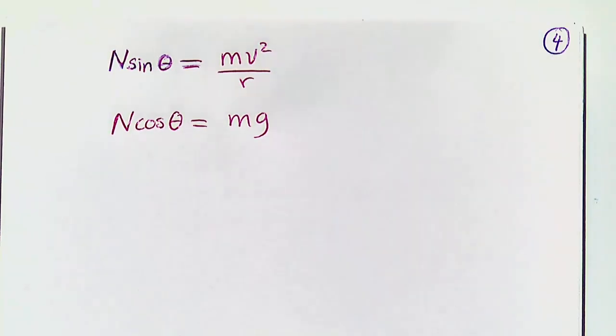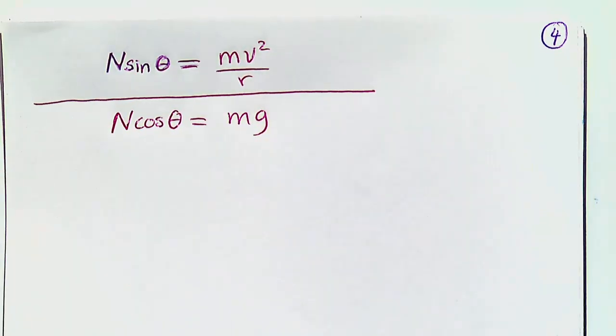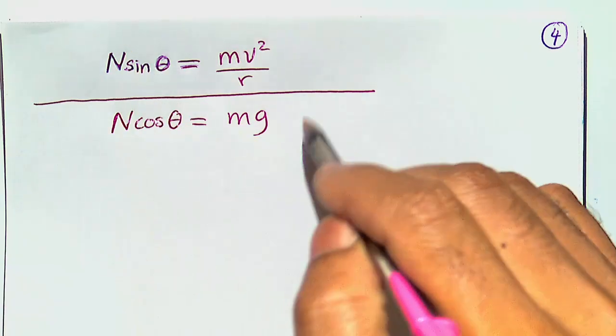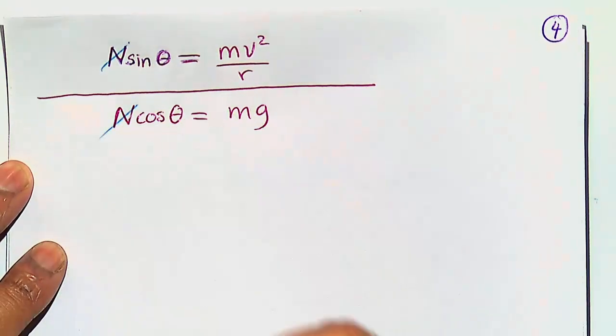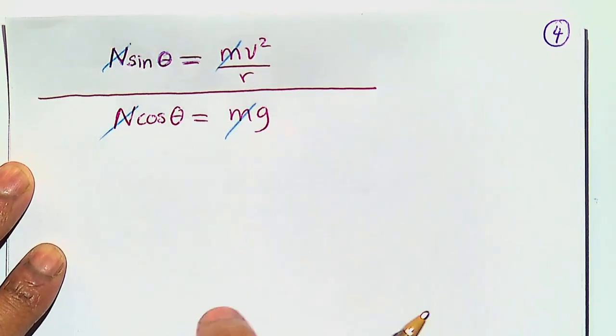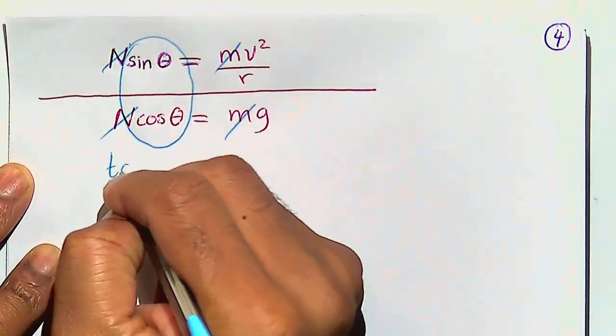Now I'm going to use that trick that's really handy: I'm going to divide one equation by another, and that just means on the left-hand side divide those terms, and the right-hand side divide those terms with each other. And when you do that, right, the normal force cancels, the mass cancels, right? There's a few terms left over, and we have a sine divided by a cosine, that's tangent.